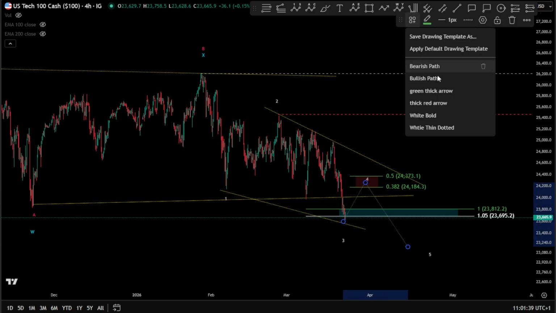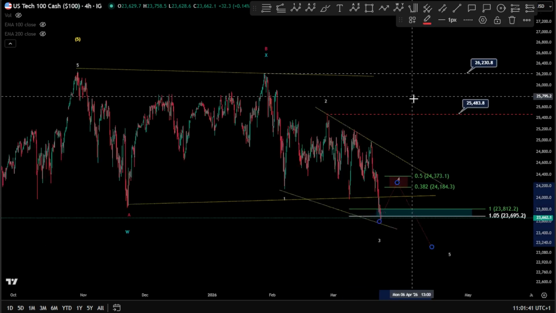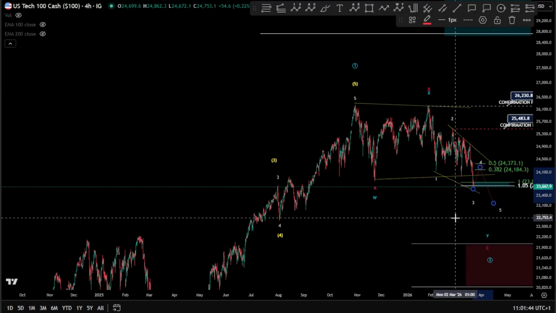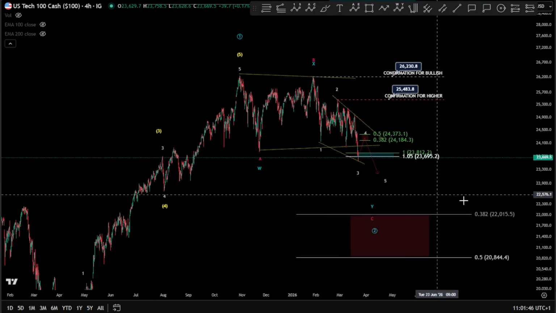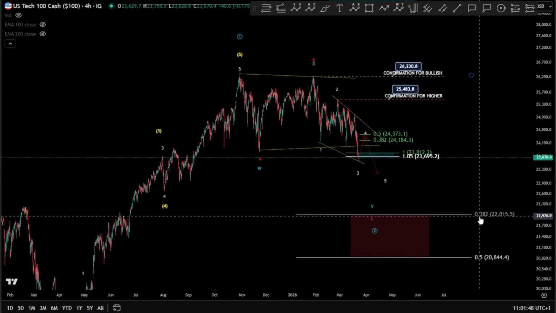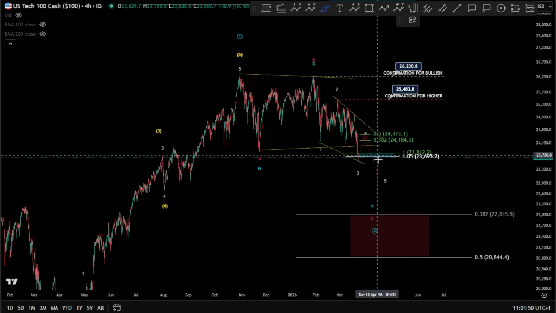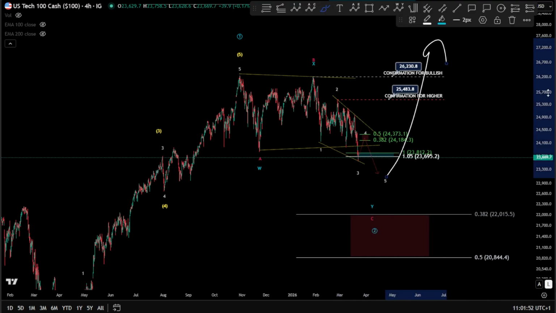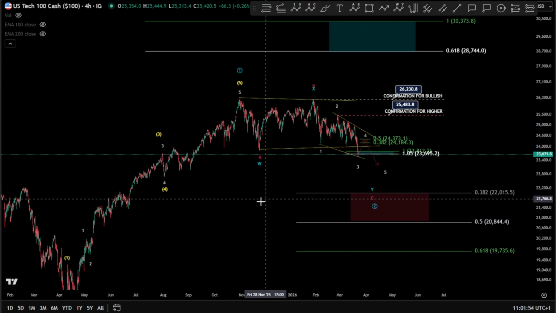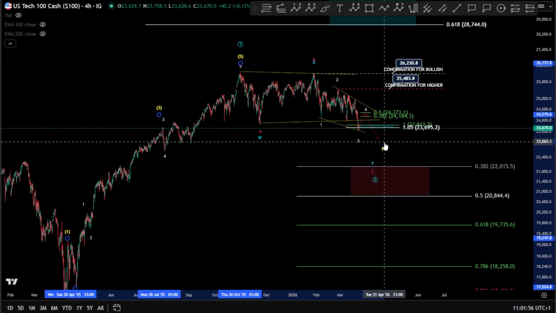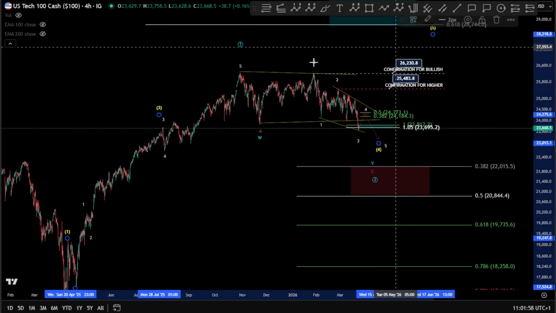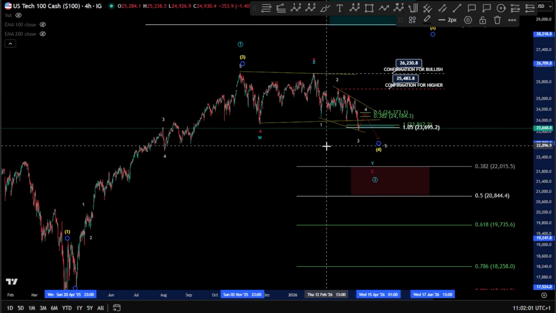This wave 5 might be the end of this bear market, but I doubt it, because we still need the 0.38 here, unless things push toward the upside in an extension. Then we might have to bring the wave 4 again, then wave 5 over here, and then wave 3 as an extension.